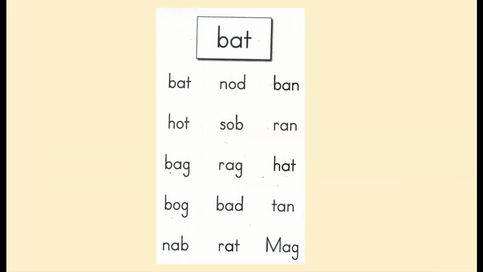Now let's practice reading some words. We're going to sound these out and then say them fast. The first word that I'll demonstrate with is this word, bat. Now let's read these words together. Ready? Bat. Nod. Ban. Hot. Sob.